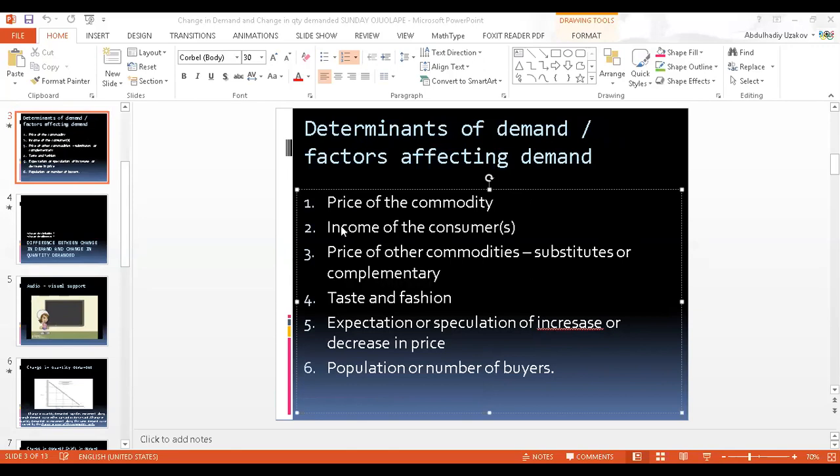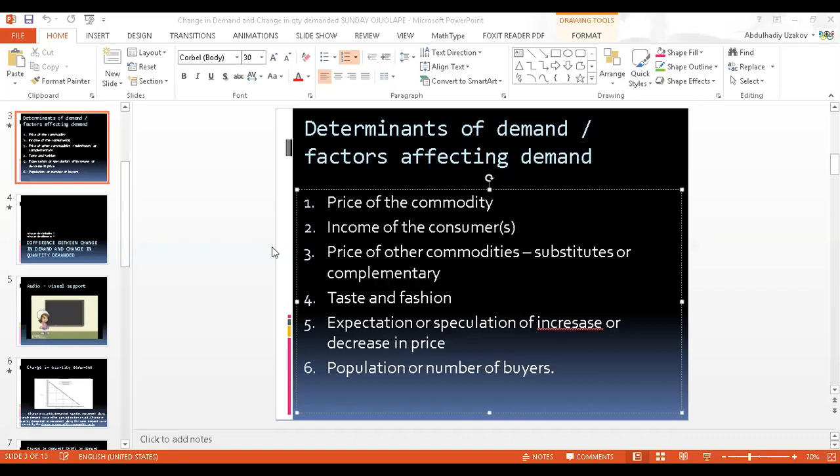Whereas other factors, income of the consumers, price of other commodities, be it substitute or complementary, taste and fashion, expectation or speculation of increase or decrease in price, population or number of buyers, and probably many more, will lead to a new demand curve. So that means the answer is going to be any of the listed from 2 to 6, but it can never be price of the commodity.